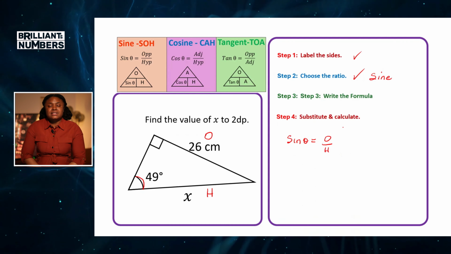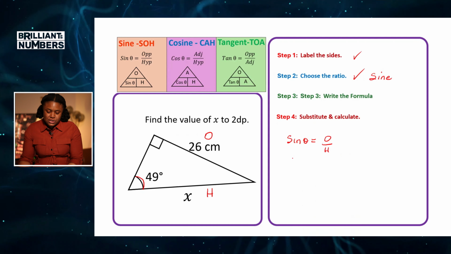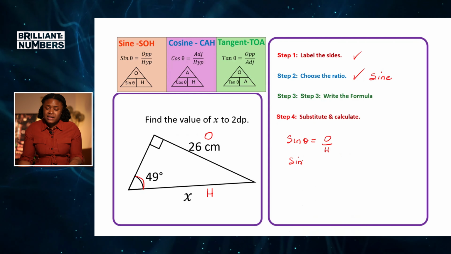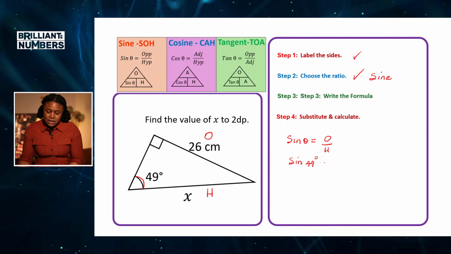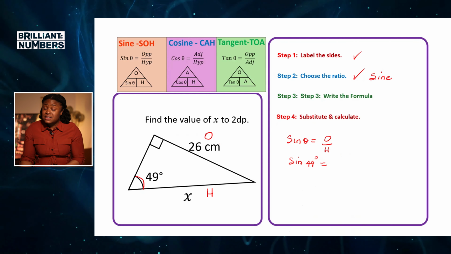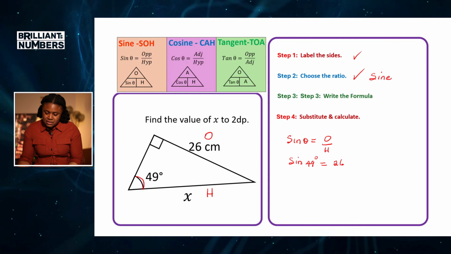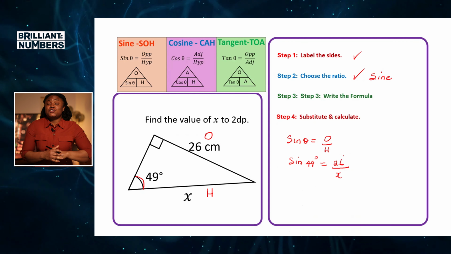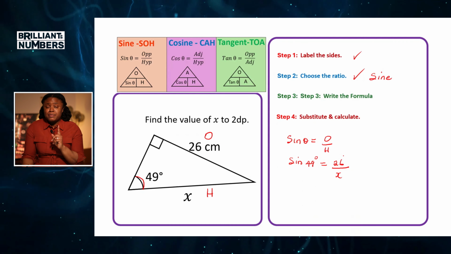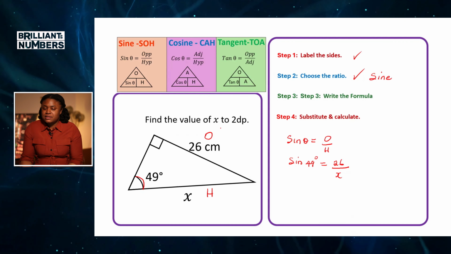Then I go for step 4, substitute and calculate. So let's go. The angle given here is 49, so sine 49 degrees is equal to, I can see this time my opposite side is the number, so 26 divided by x. See, I told you, sometimes your variable is in your numerator and sometimes it's in the denominator.